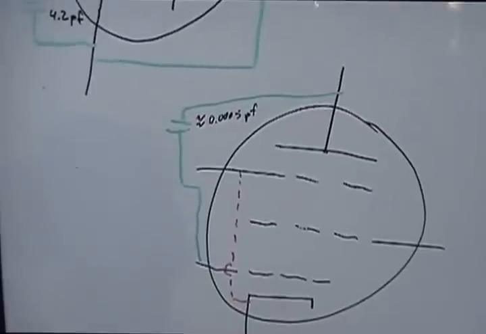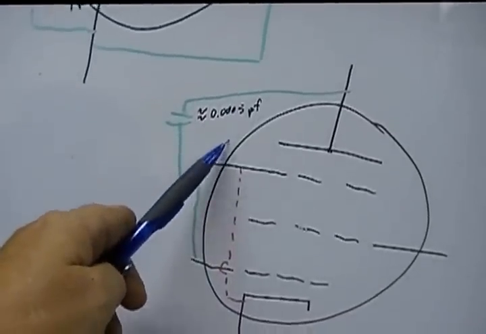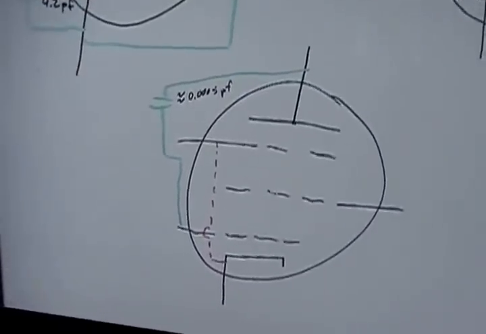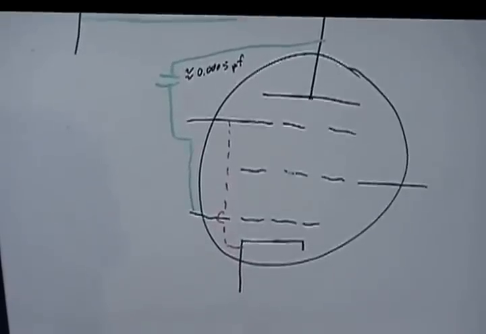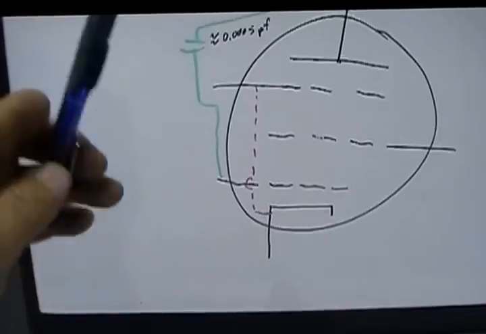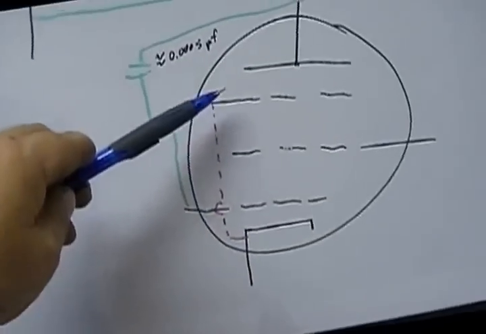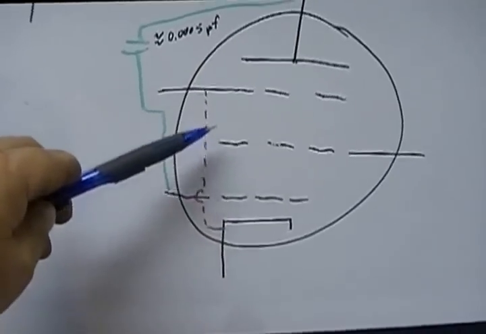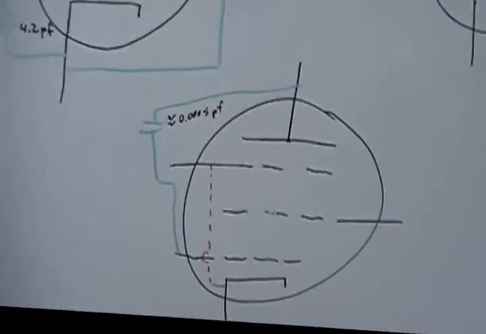Like I said, this is a rough figure, but there are some pentodes that actually have a little bit higher capacitance than a tetrode, but it's still well below a triode and perfectly fine. The low red dotted line is just to show you that some pentode tubes are actually interconnected from this grid, the new grid that we've added, to the cathode. Some tubes, it's not connected here and actually has its own pin.